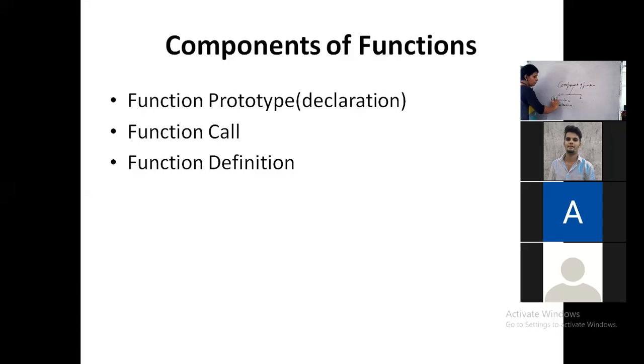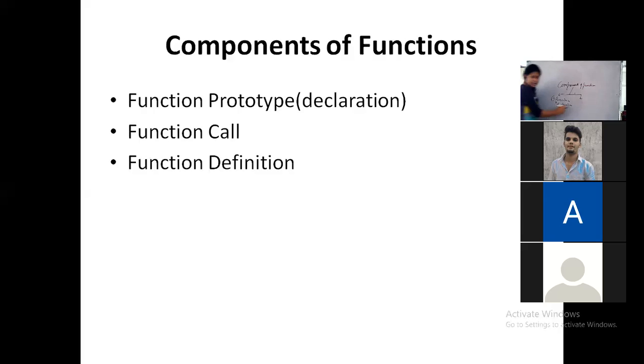Our first step is creating the function. Whenever we want to create a function in our program, whenever we want to use the concept of functions in our program, the first step is the function declaration.